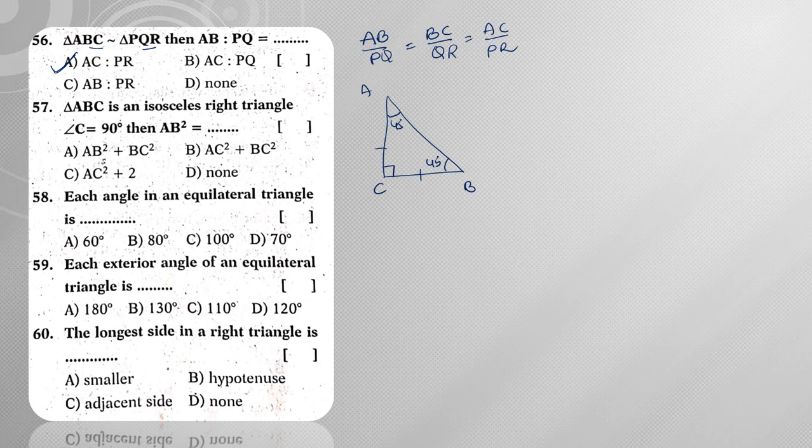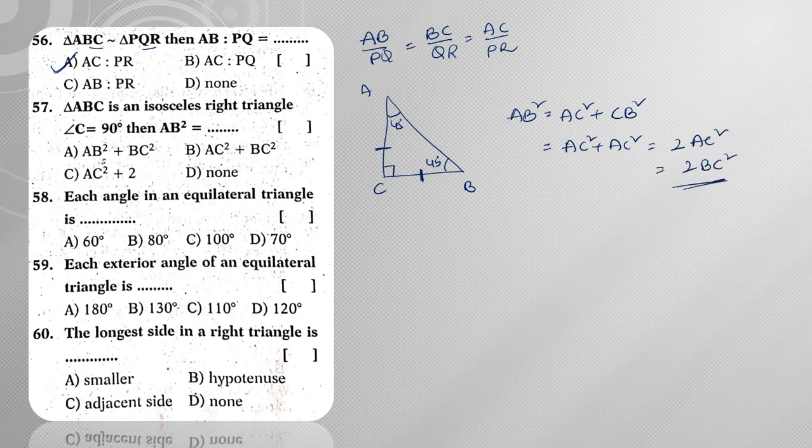Now from this, by using Pythagoras theorem, we can use AB square is equal to AC square plus CB square. Already we know AC is equal to BC, so we can write it as AC square plus AC square, which is equal to 2 times AC square, or you can write as 2 times BC square.